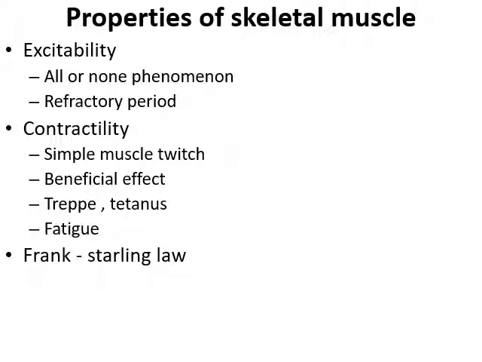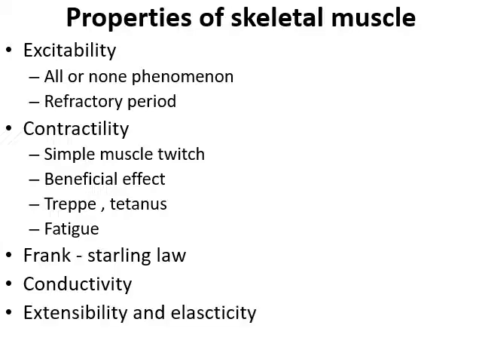And then it obeys the Frank-Starling law, which shows the relationship between initial length and the tension developed in the muscle. And then conductivity, extensibility, elasticity, and last but not the least is tone. Now let us go into the detail.